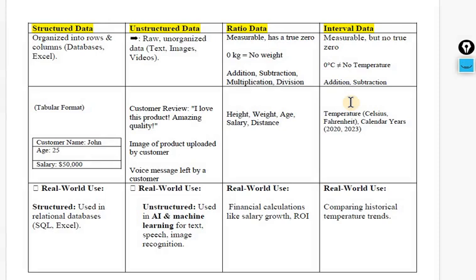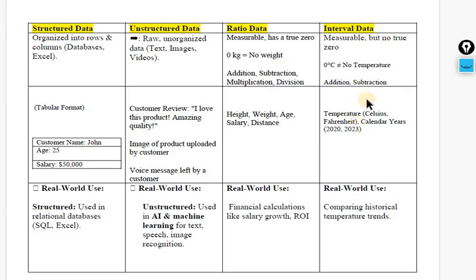To mention, ratio data is a subset of interval data. All the examples in ratio data are also interval data, but not all examples of interval data can be ratio data. A few exceptions like temperatures, calendar years cannot be classified under ratio, so they are put separately under interval data.